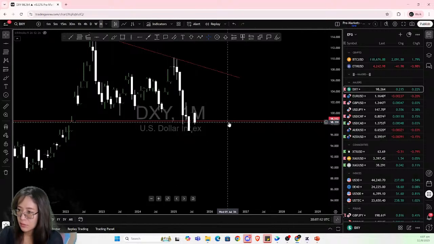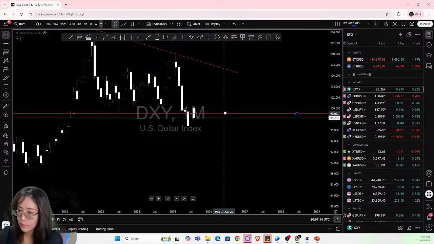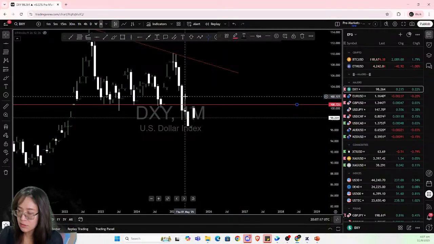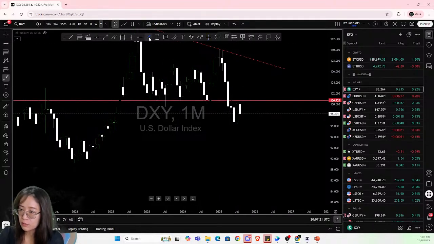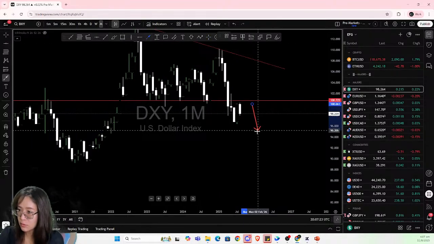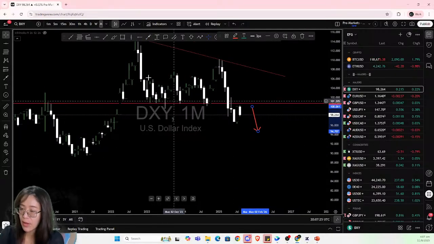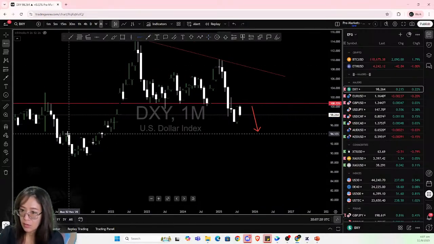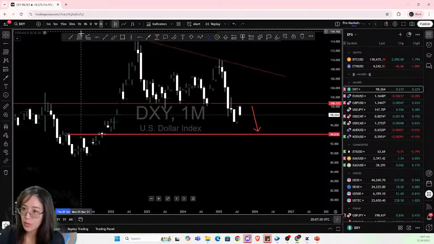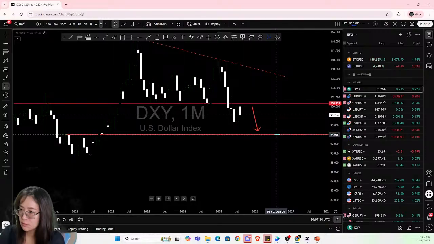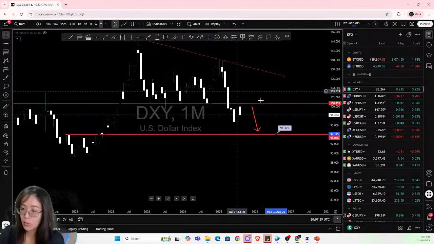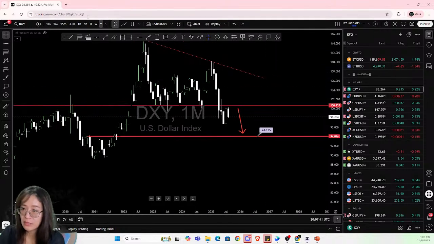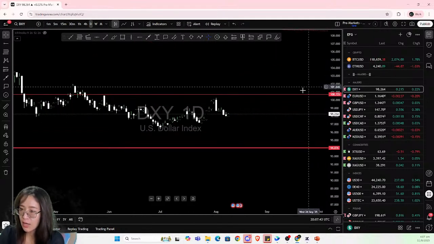Whenever price breaks below and pulls back, which is this candle, it has already become overlap support level, overlap resistance. So for the monthly time frame, I still buy at sell, and this is going to be the key support level for dollar, which is around 94.12.